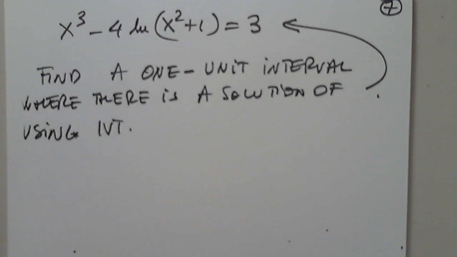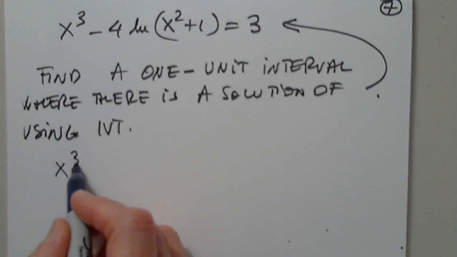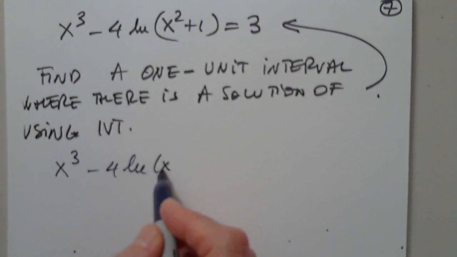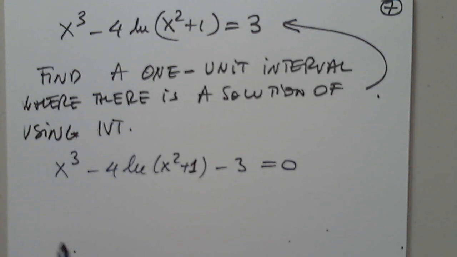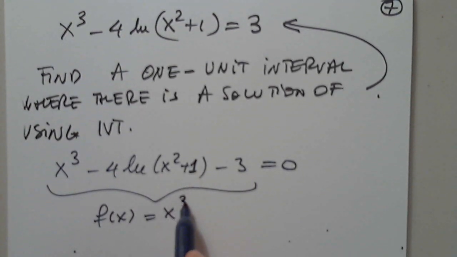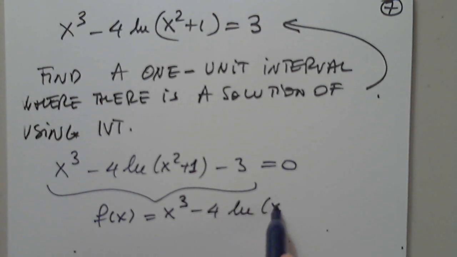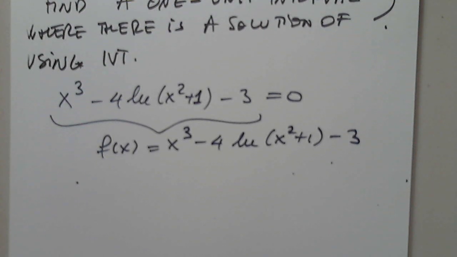So first of all, I have to create a function: x cubed minus 4 natural log of x squared plus 1 minus 3 equals 0. So this is my f of x. I have to say that this is continuous.